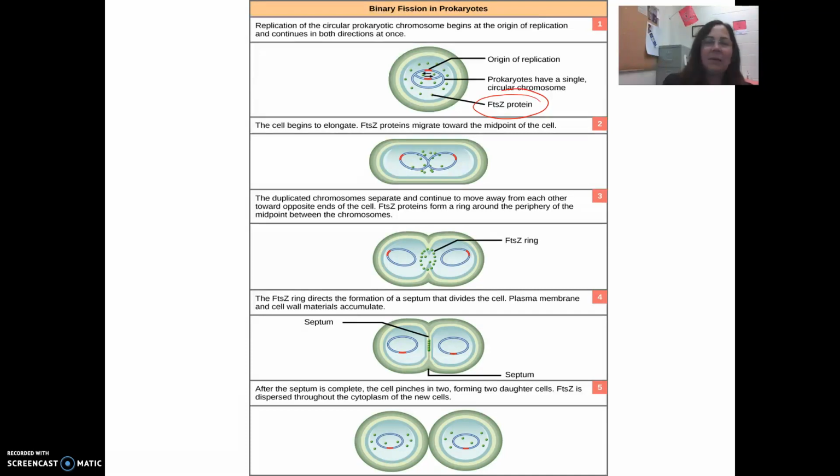And then those FtsZ proteins will form a ring that will cause the cell to split in two, and form a septum, or a divider, between the two cells. And eventually the original parent cell pinches off and forms two new prokaryotic cells.